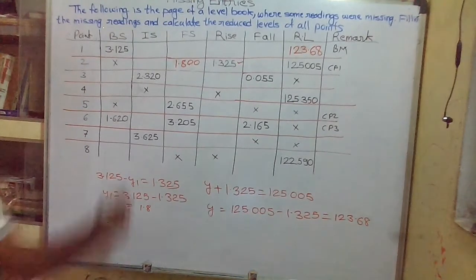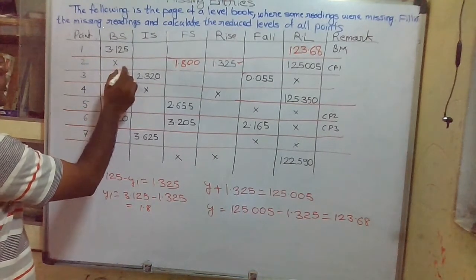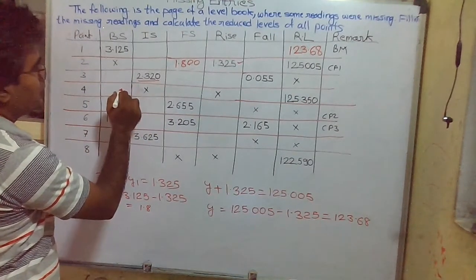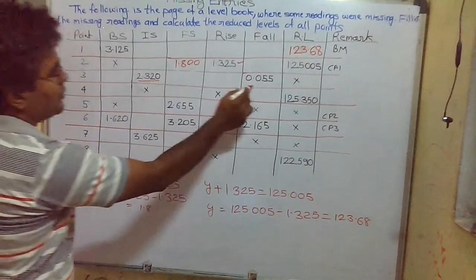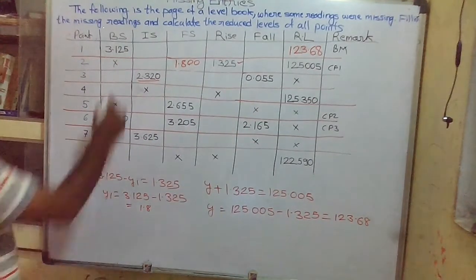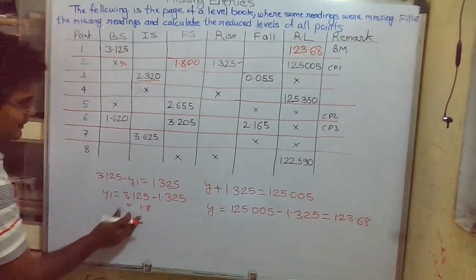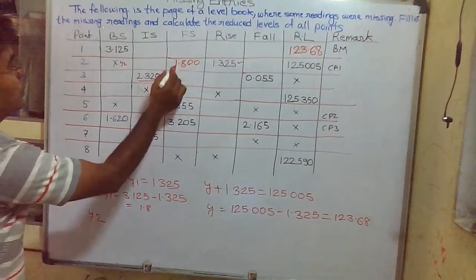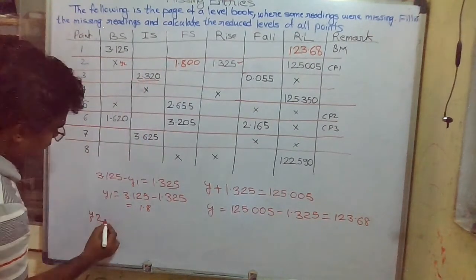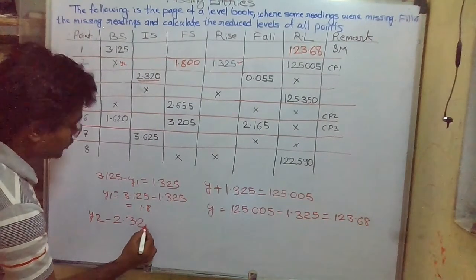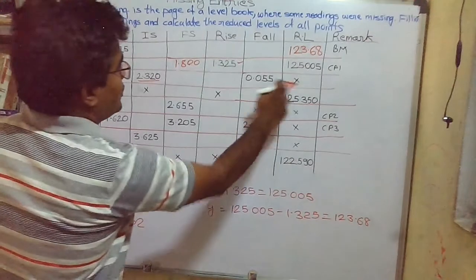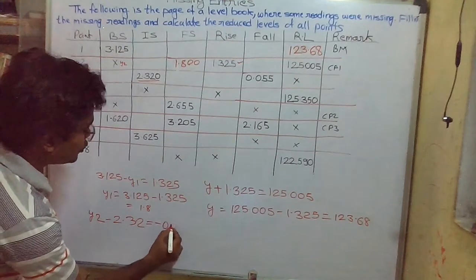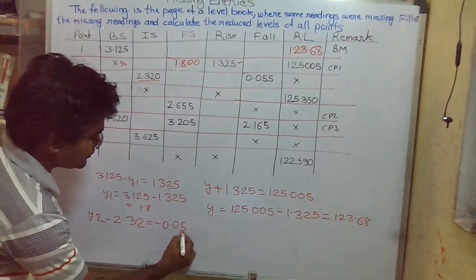Okay, so the next missing entry is this. If we subtract this forward entry, 2.320, from the previous entry, we should get the fall. So let us calculate this value. Suppose this is y2. Then y2 minus 2.32 should give a fall of 0.055, that is minus 0.055.